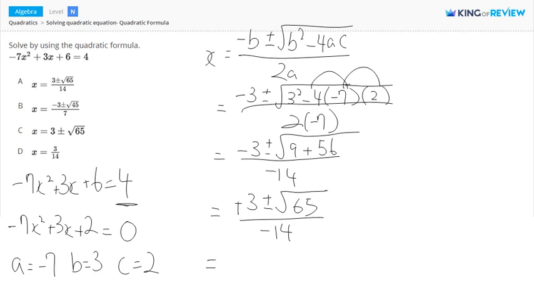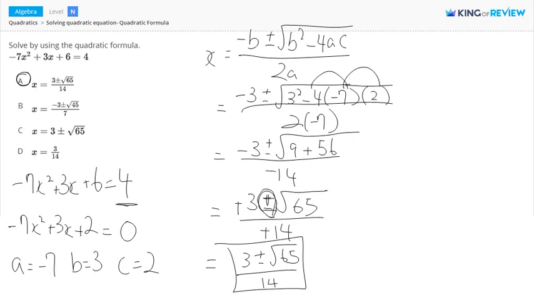This turns into a positive, that turns into a positive, and this positive turns into a negative, and this negative turns into a positive, which means it's negative positive, which is exactly the same thing as a positive negative, so this never changes. So the equation is going to say 3 plus or minus the square root of 65 over 14. That is option A.